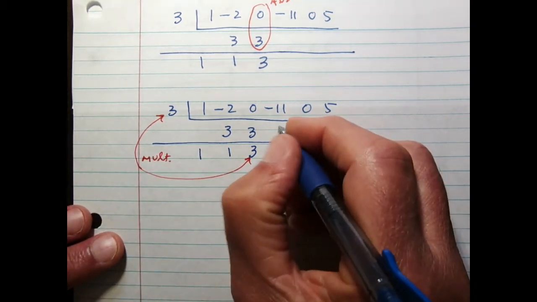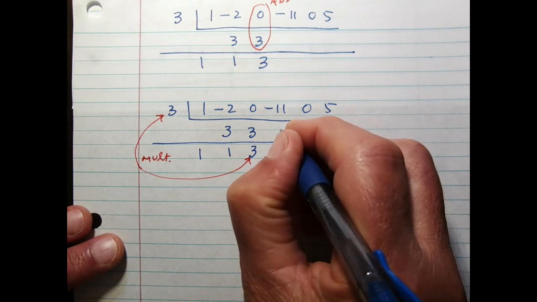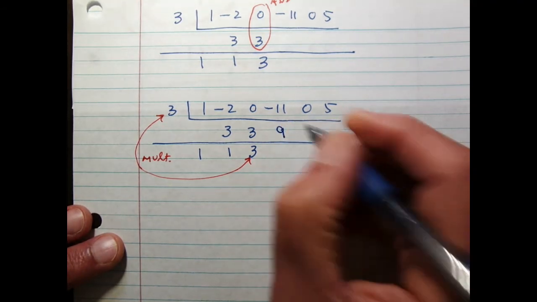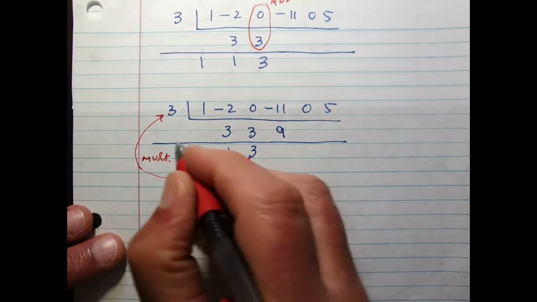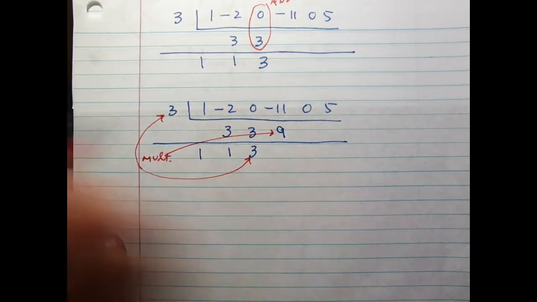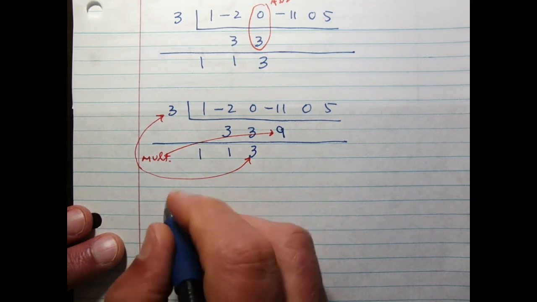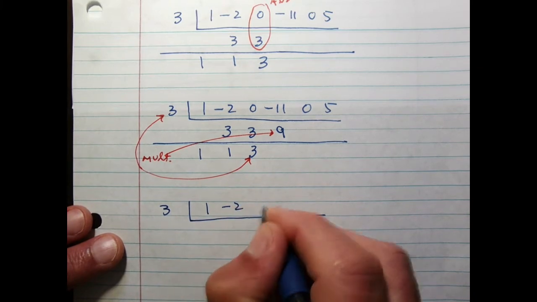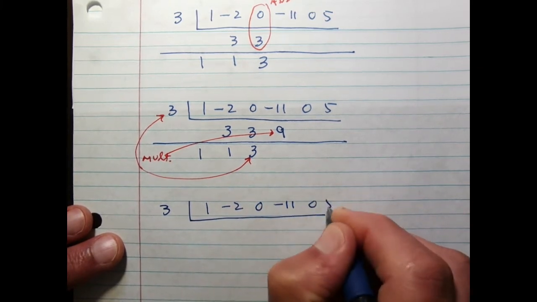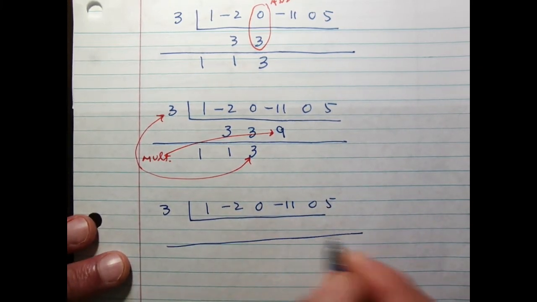And it's going to go in the next position. 3 times 3 is 9. And then I'm going to add these two together. It goes there. And now I'm going to write out the rest of the process in just one step.